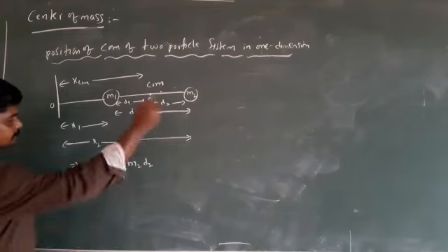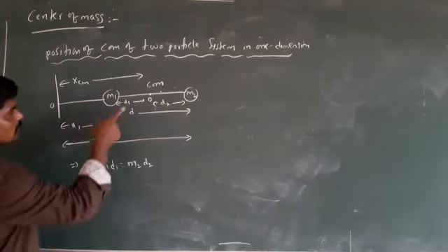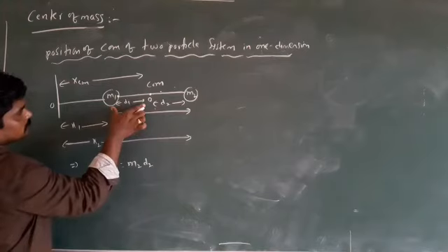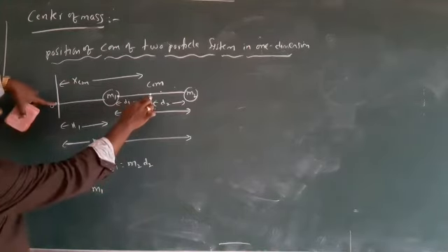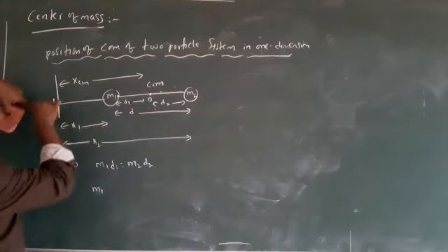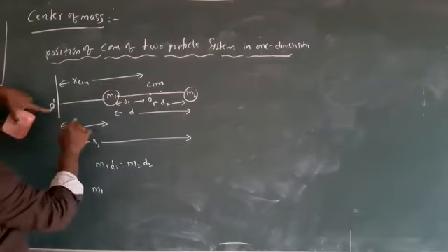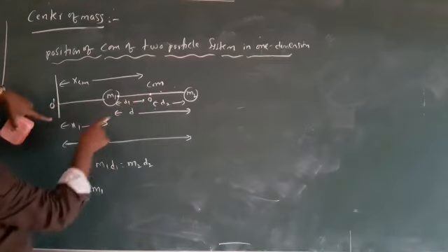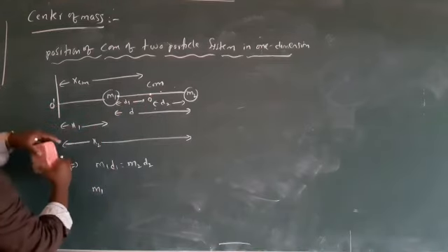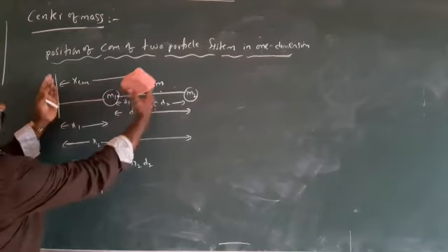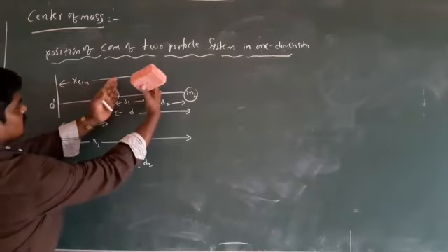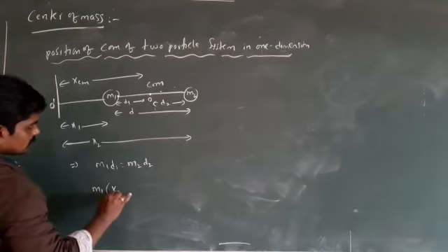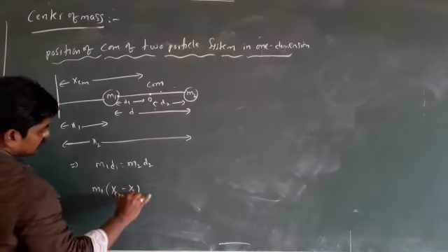Now from this, what is d1? You see here, this is d1. This distance is from point O to O dash, consider the origin as O dash. This distance is x center of mass, this is x1, this is x center of mass, this is d1. Now from the diagram we can write d1 is equal to x center of mass minus x1.